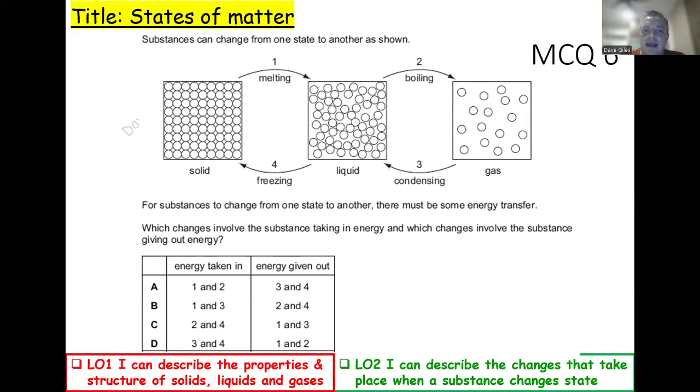Energy is taken in when you go from a substance with low energy to a substance with high energy, and the other way around for giving it out. So 1 and 2 are taking in energy, 3 and 4 are giving it out. So the answer is A.